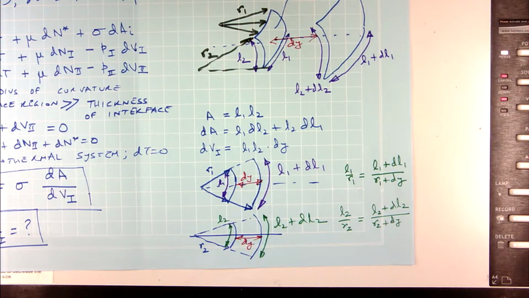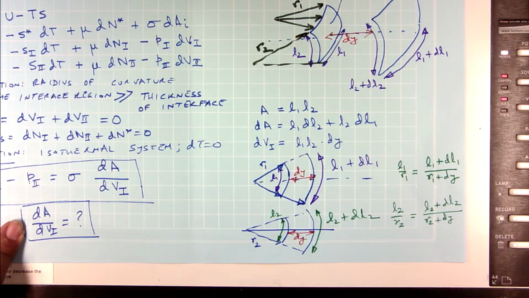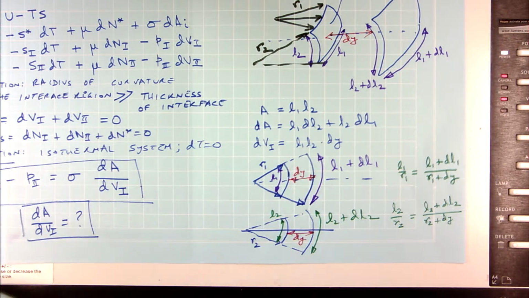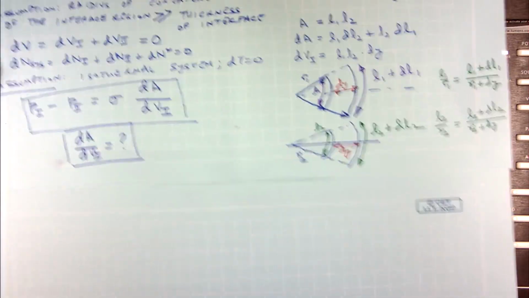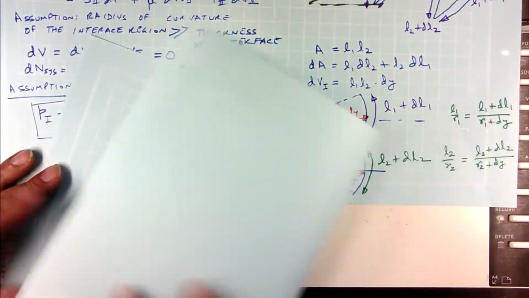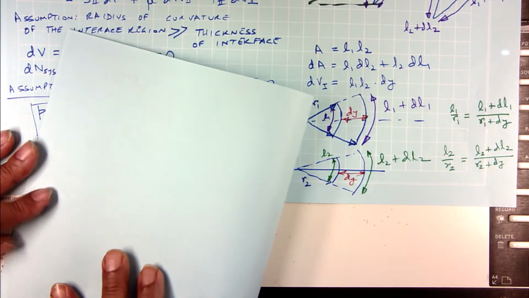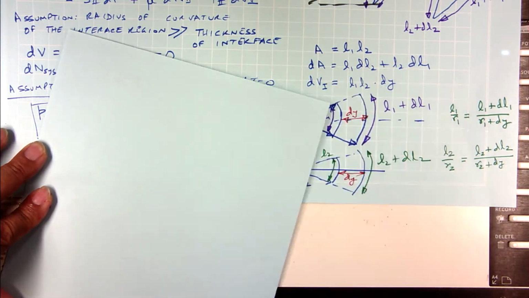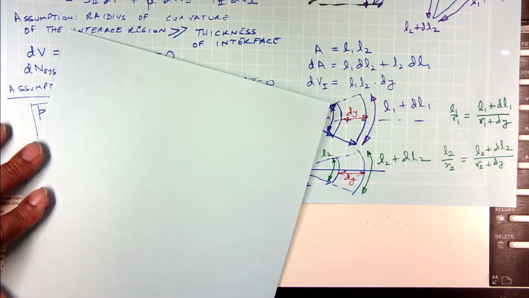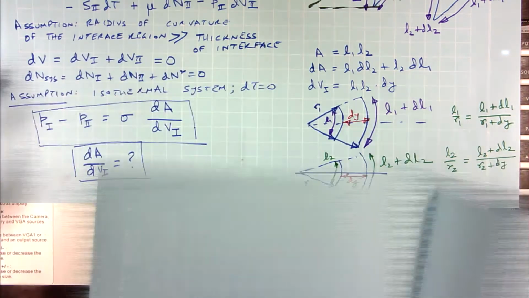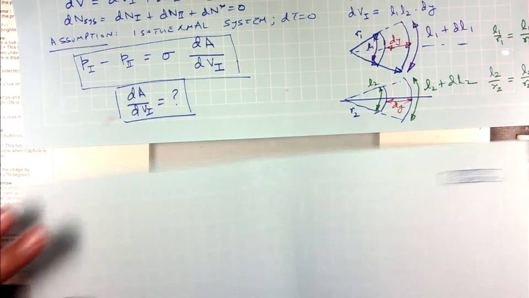Now, the whole reason I am doing this is because I want to figure out this term dA by dV. How much does the area change per unit change in the volume of phase 1 or phase 2, right. So, anybody know this rule called the rule of componendo and dividendo? Well, it is a very simple rule.